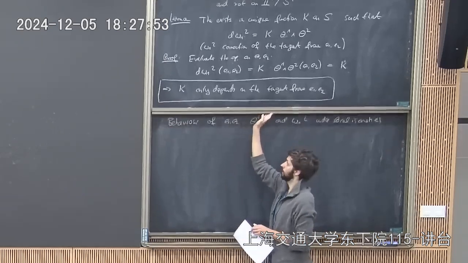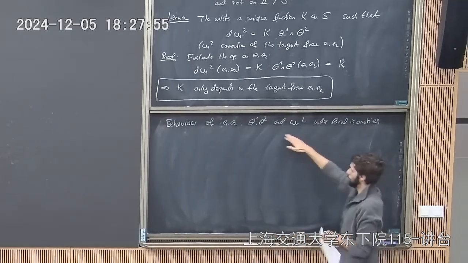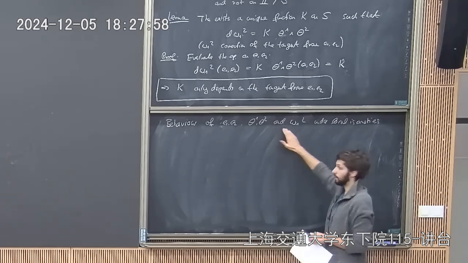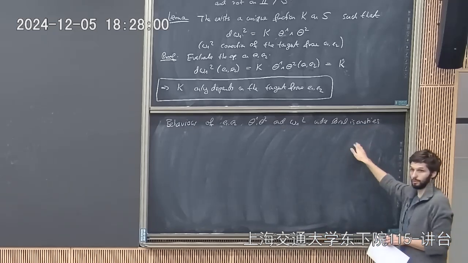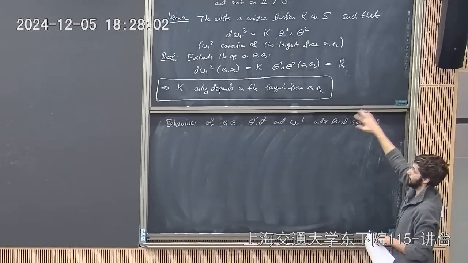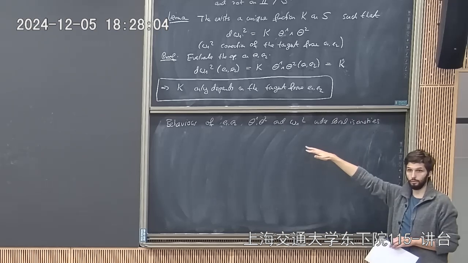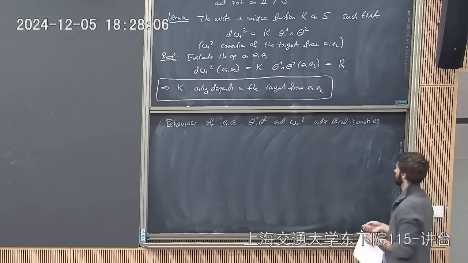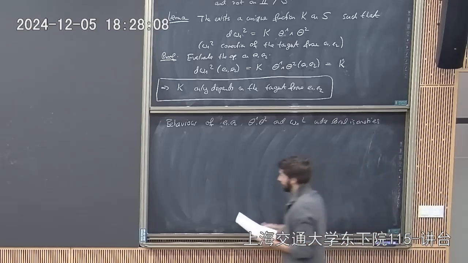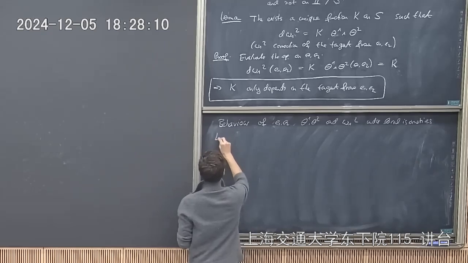So let's analyze what happens to all of these objects under local isometry, and once we know that, we might plug everything together to get the behavior of the Gauss curvature under local isometries. And that's the next lemma that tells us how this is done.